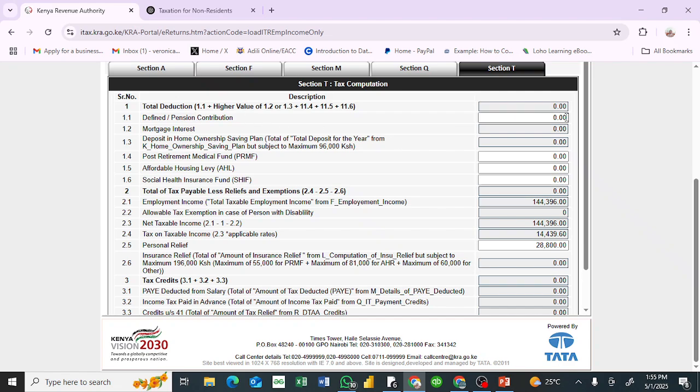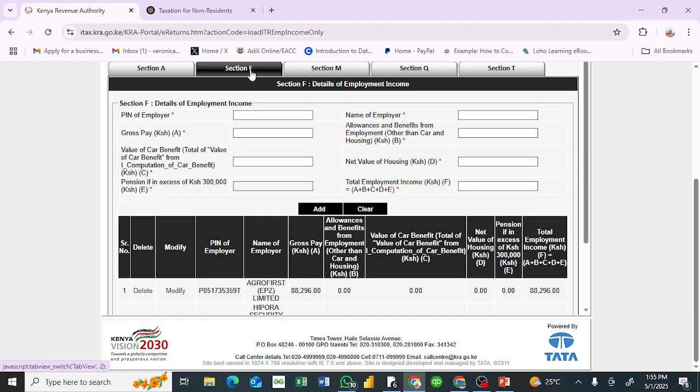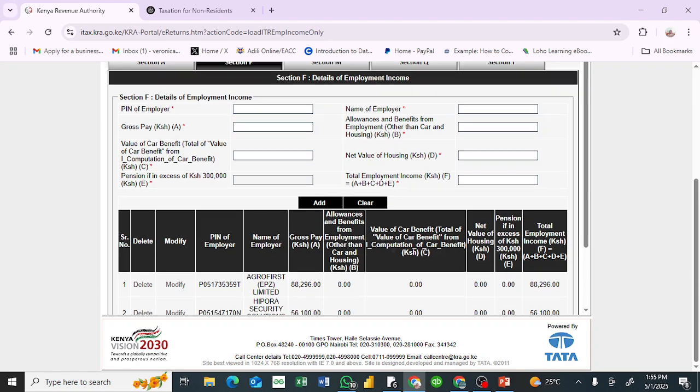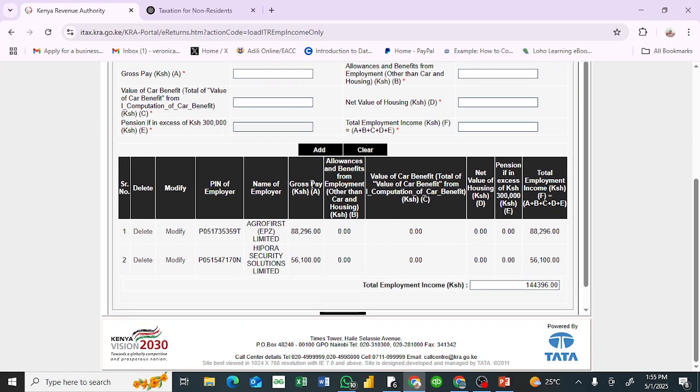So today I will show you how to calculate the defined pension contribution when you are filing using the ITR option. So what you do, we have the gross pay here. This gross pay, unasum all the gross income, that is 88,296 plus 56,100.